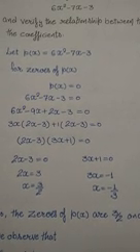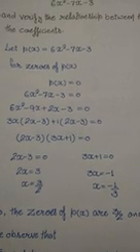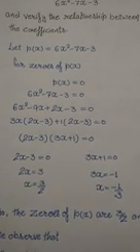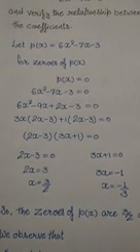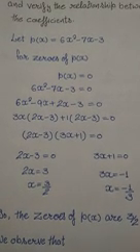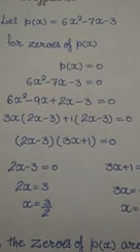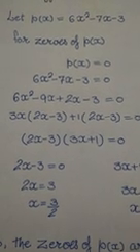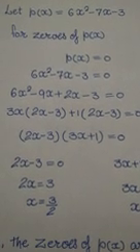Now what we're going to do is factorize. This is splitting the middle term, which we already learned in class 9th. We're going to break the 7 into parts, minus 9x and plus 2x.